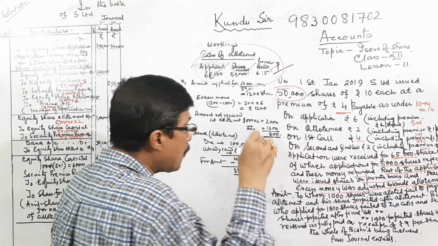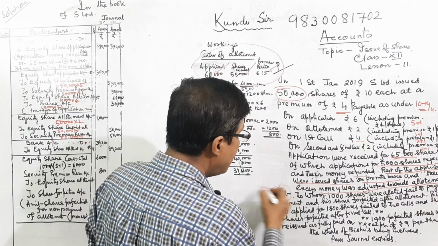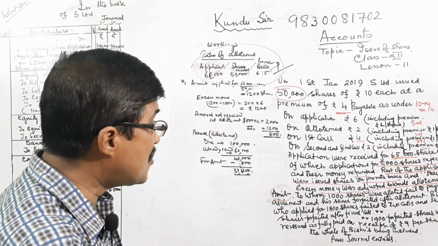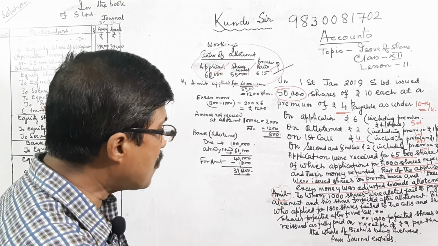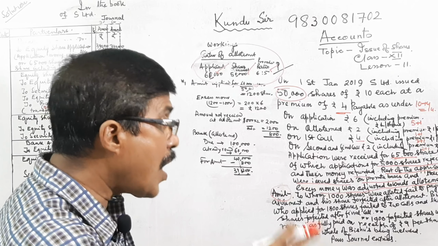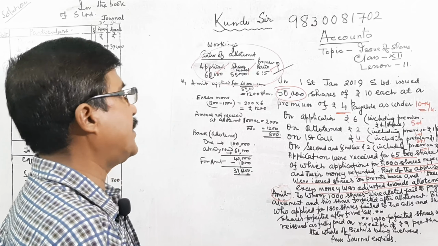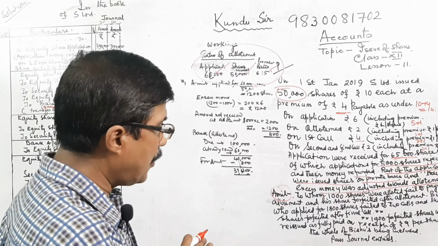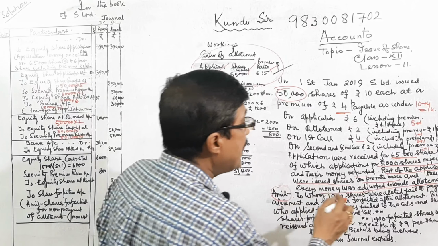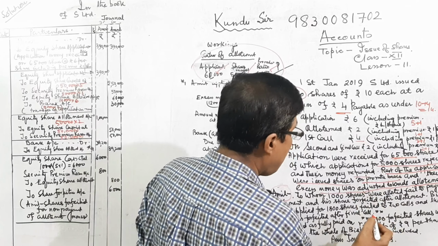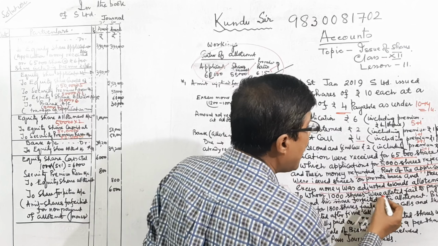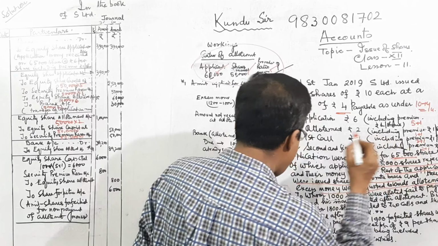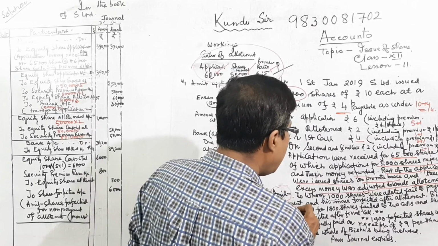Now there is a problem for Amit, to whom 1,000 shares are allotted, not applied, allotted. The applied portion will be required later on. Amit was allotted 1,000 shares and failed to pay the allotment money. Subsequently, the shares were forfeited after allotment.